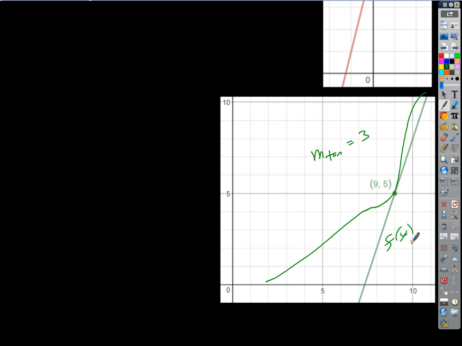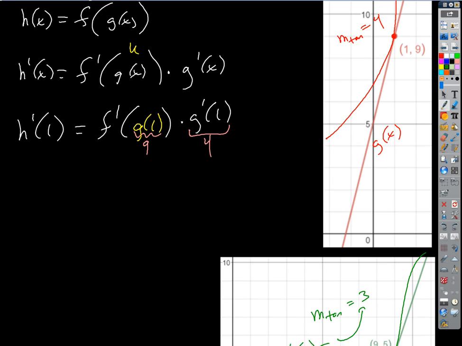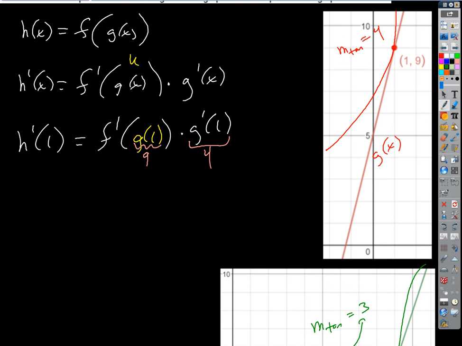Okay, what's the slope of the tangent? So in other words, doesn't this tell us right here that f prime of 9 equals 3, right? Everybody agree? Well, there's f prime of 9. So what is that? 3. Okay, so h prime of 1 in this case is equal to what? 12. Everybody get that? It's kind of tricky, huh?